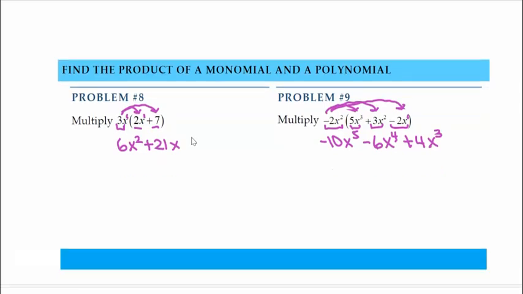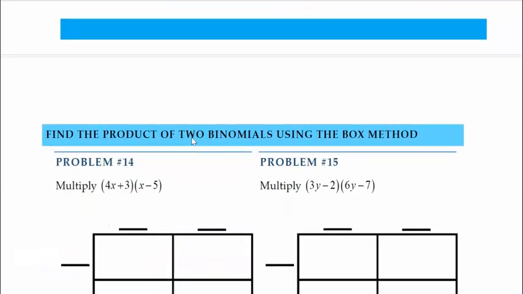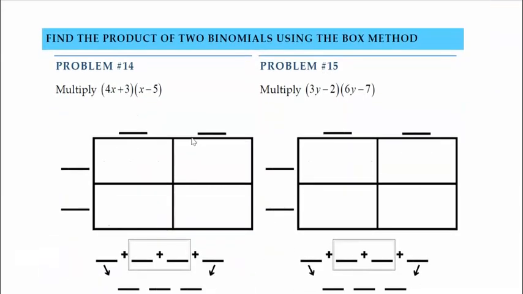Okay. And so that's what we were looking at here. That was just monomials that we were multiplying through. But on this one, we now have 2 binomials that we're multiplying together. And I'm going to show you a couple of different methods that you can use on this. And, you know, whatever way works best for your brain is what I want you to use. Always.